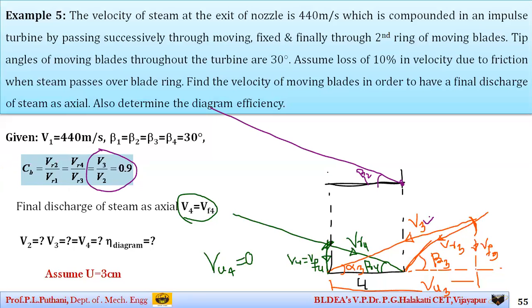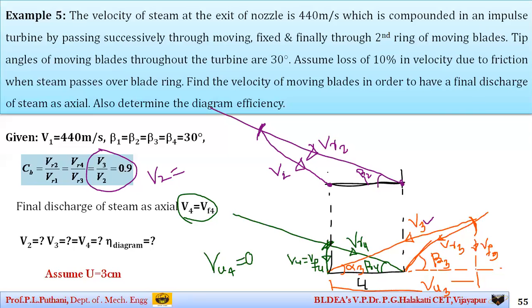So I will get the value of V2, and from this end I will place the value of V2 that I get from this equation. Whatever answer I get, I cut that scale value wherever it meets on this particular line. Wherever it meets, if this point is here, I will join it. This becomes the length of V2, and this is the length of VR2.